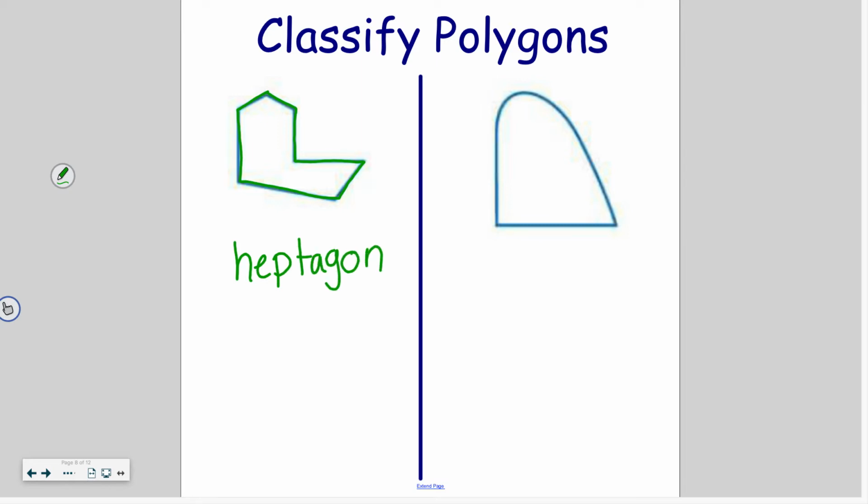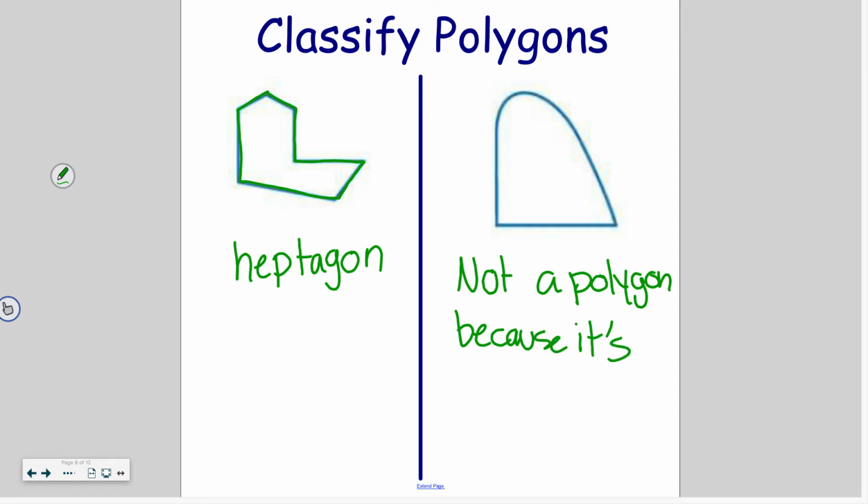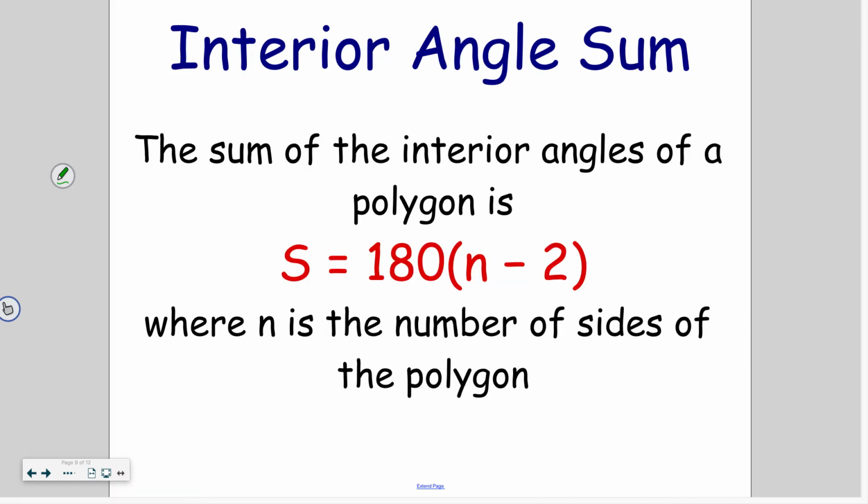If I come over to the second one, there is a curve in the shape, so we would say not a polygon, and then you would give a reason why. In this case, you would say because it's curved. So if it is not a polygon, you want to tell me why. If it is, you want to give me the name.